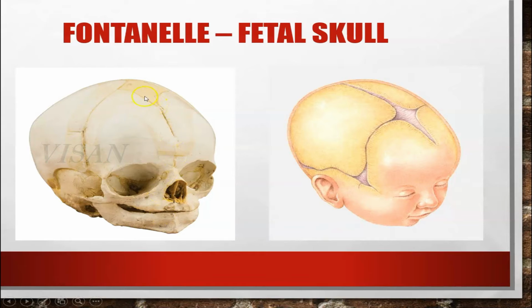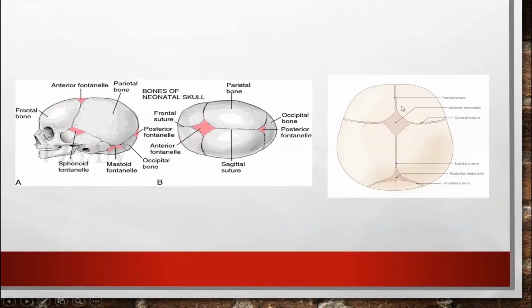Bregma as well as lambda in the fetal skull are called fontanelles because in the fetal skull these bones are not completely fused, whereas they are attached by means of a membrane. So this area is called a fontanelle. The bregma in the fetal skull is called the anterior fontanelle because it is present on the anterior aspect.